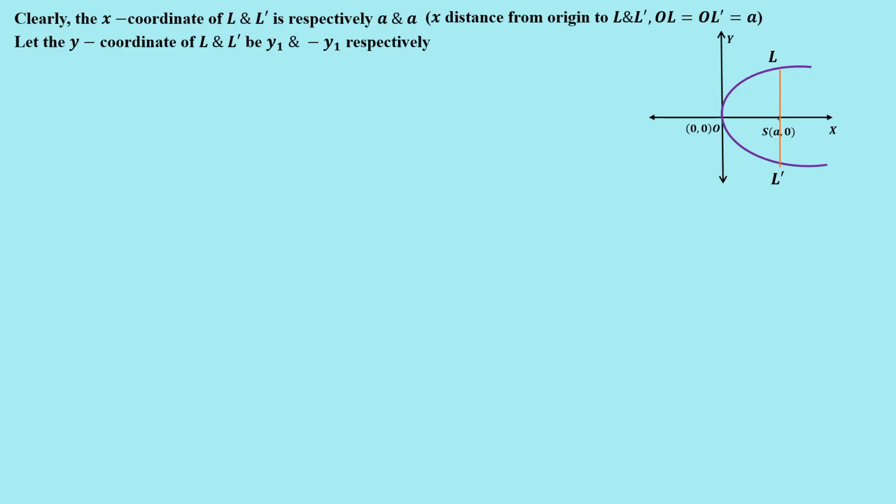So the y coordinate of L is positive y1 and of L' is negative y1, because the y distances are the same. SL' is equal to SL, because the parabola is symmetric, so the part above the x-axis is equal to the part below the x-axis.